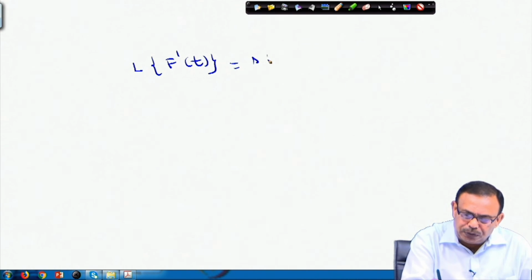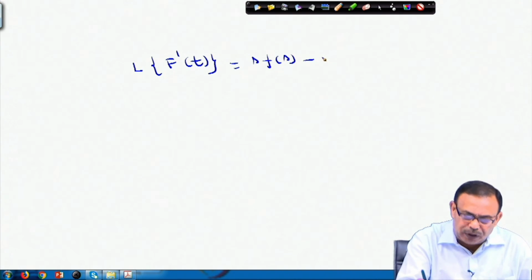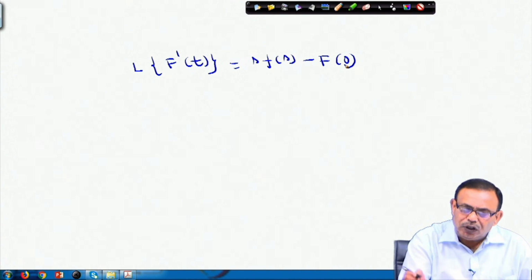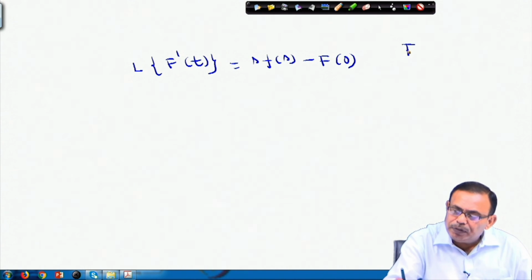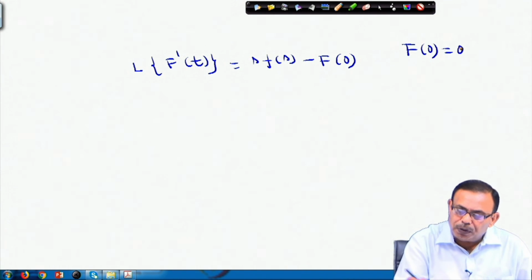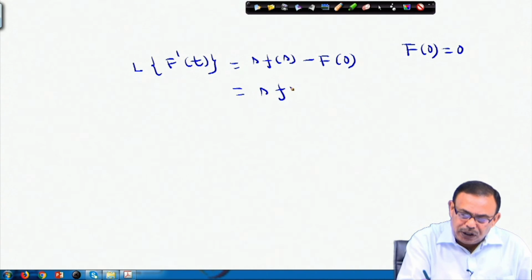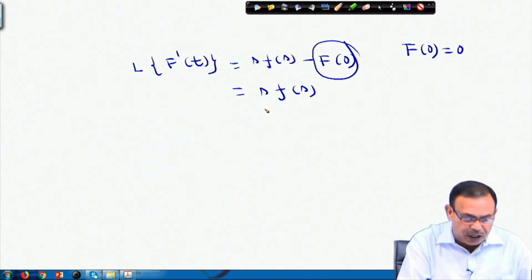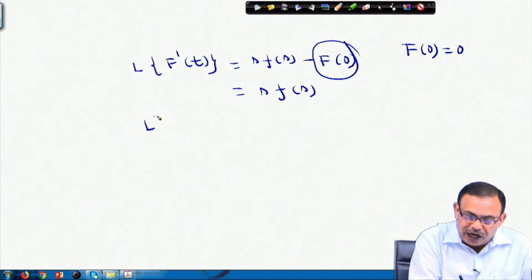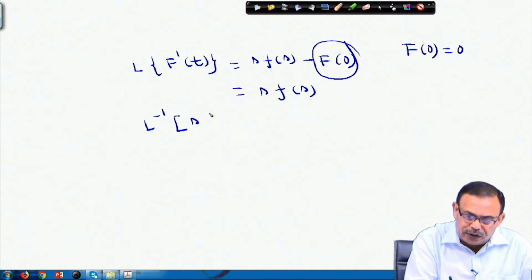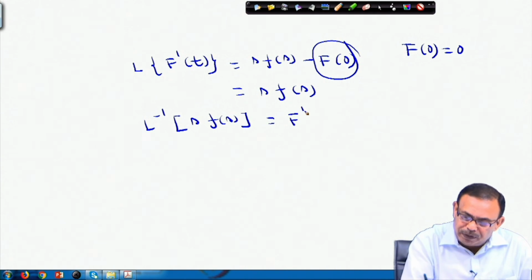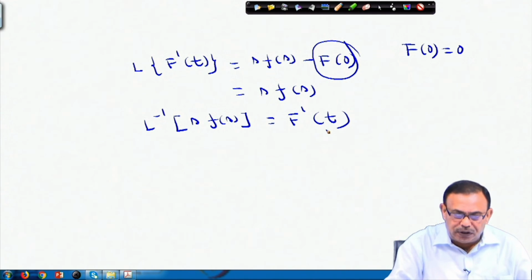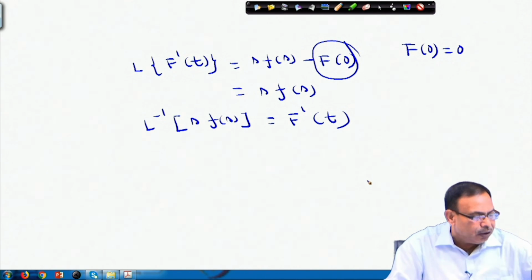The Laplace transform of f'(t) equals s F(s) minus f(0), and it is given that f(0) equals 0, so this part is 0. So, it becomes s F(s). So, Laplace inverse of s F(s) equals f'(t). This completes the proof of this particular theorem.